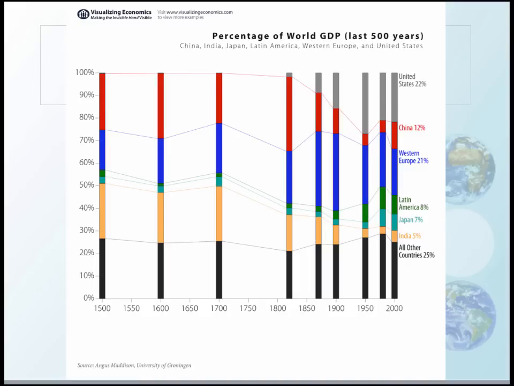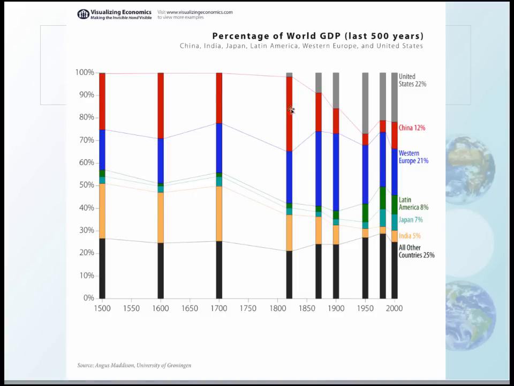Now here we have the percentage of GDP as it's been distributed among world regions for the past 500 years. And we can see from this that the share of GDP does not remain constant over time.